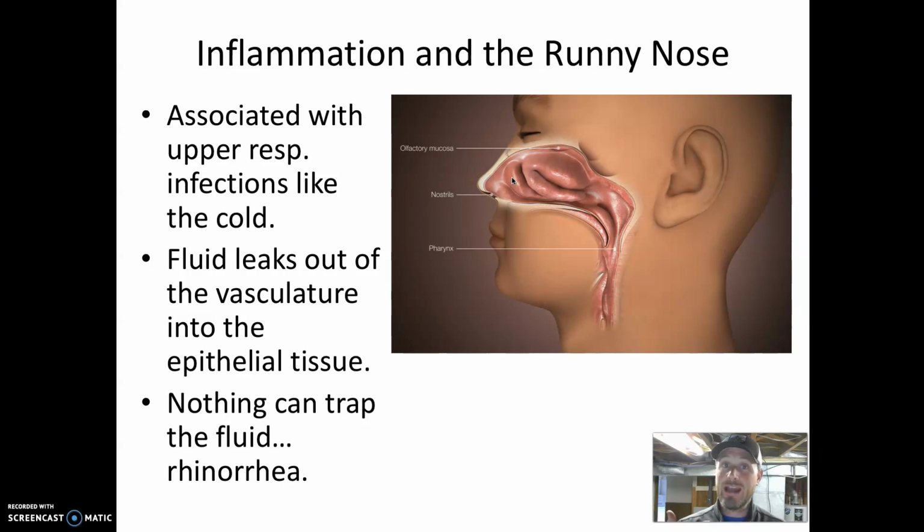So it leaks right out of the tissue onto the surface, and then it leaks out my nose. And we call that, in science, rhinorrhea. A runny nose, the sciencey name for that is rhinorrhea. And again, it's directly related to the fact that the pathogen is damaging the epithelial tissue in the nose, and that results in inflammation. Inflammation results in fluid loss from the tissue. This tissue cannot trap the fluid, so it runs right out the nose.